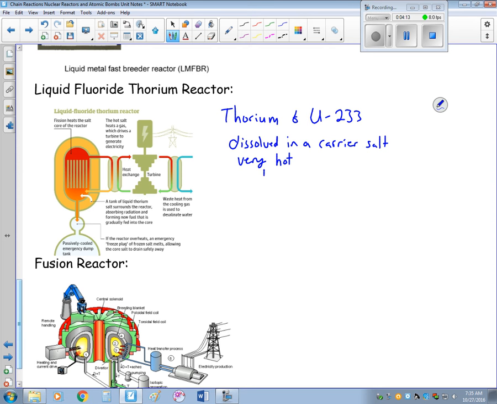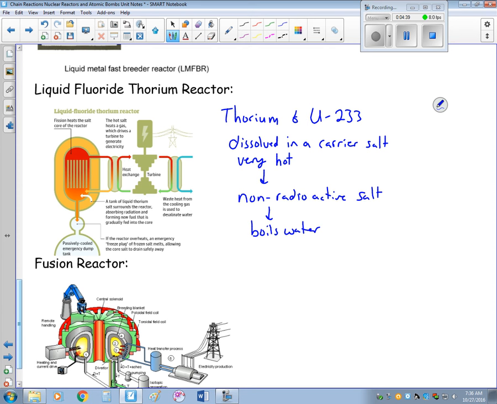Then the heat is transferred to a non-radioactive salt, which then boils water, and then the rest of it is just like any other nuclear power plant.